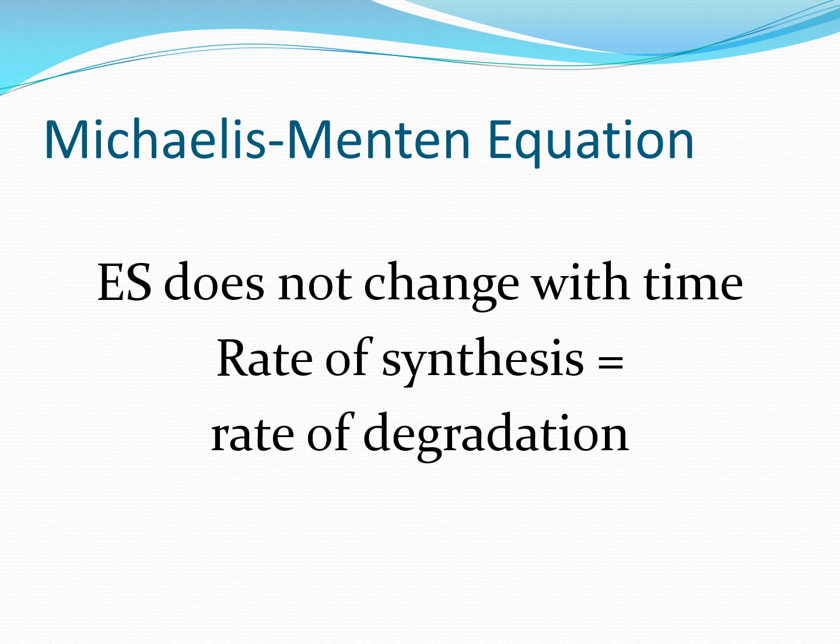Your second assumption, in summary, states that your enzyme substrate does not change with time because your rate of synthesis is assumed to be equal to your rate of degradation.